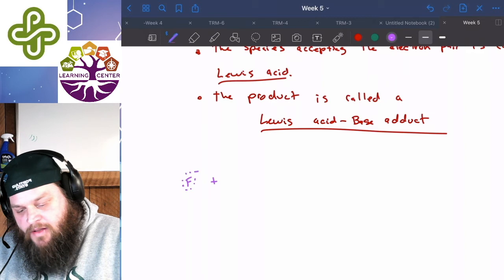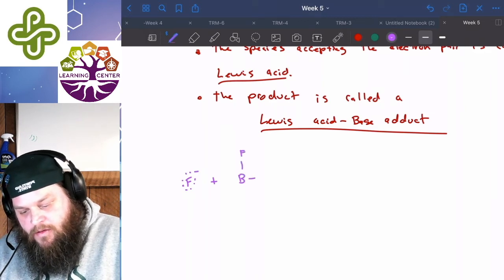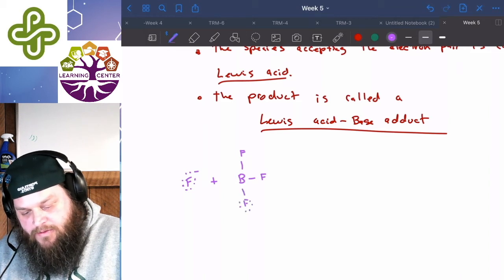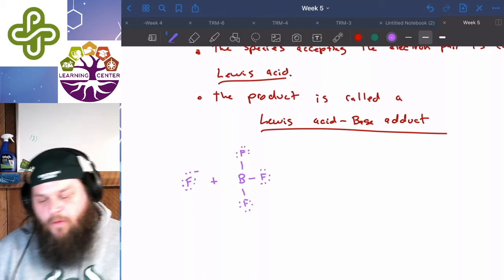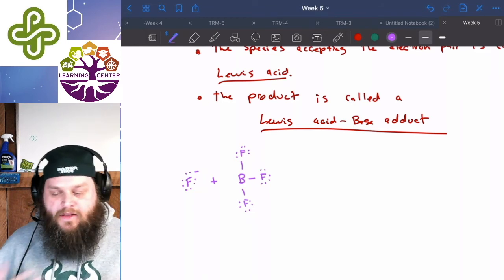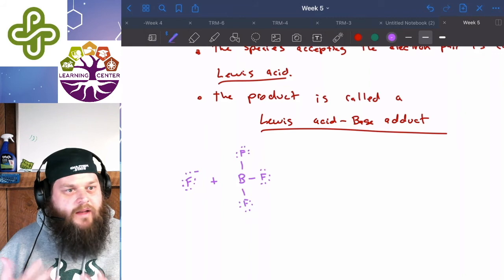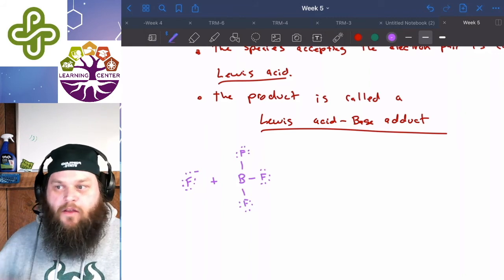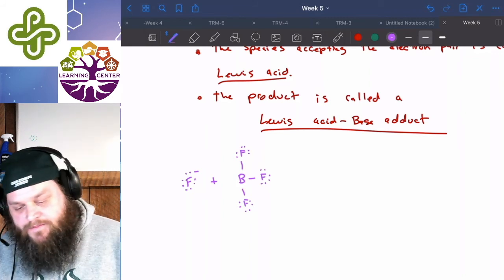And when it bonds to the boron trifluoride, so boron bonded to 3 fluorides already, putting in the electron, the lone pairs on those. Boron's neutral now. It's really happy with 3 bonds, but because it doesn't have a full quartet, it's able to accept another bond from fluoride here.